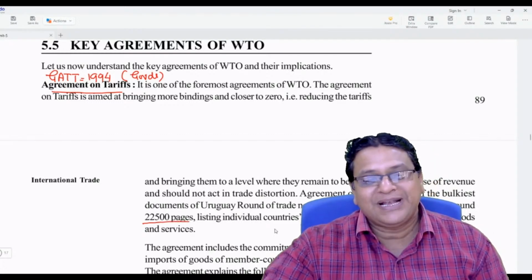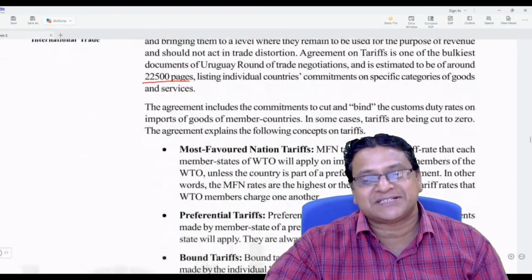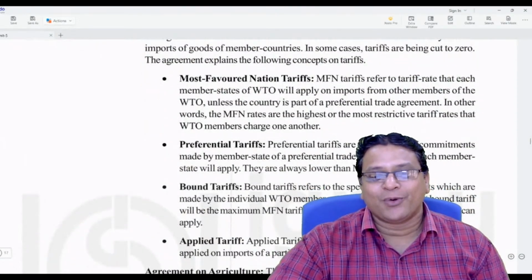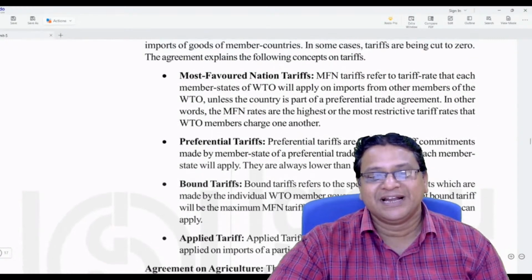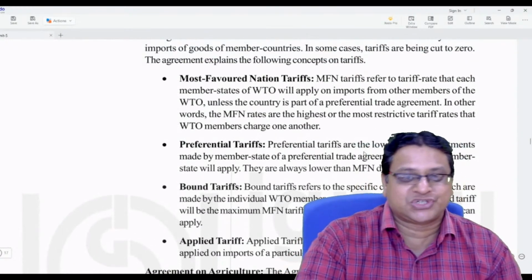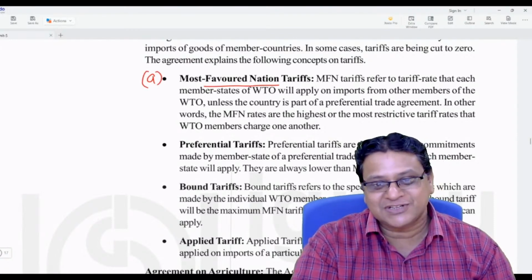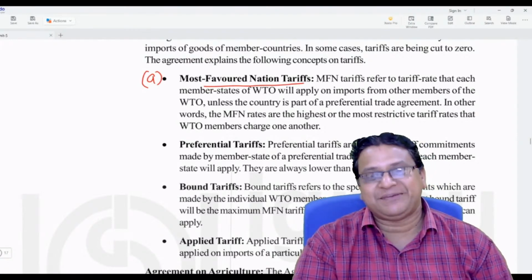It consists of 22,500 pages. The GATT agreement consists of the following 4 rules related to goods. First one is the MFN rule, most favored nation rule. What is MFN tariff?